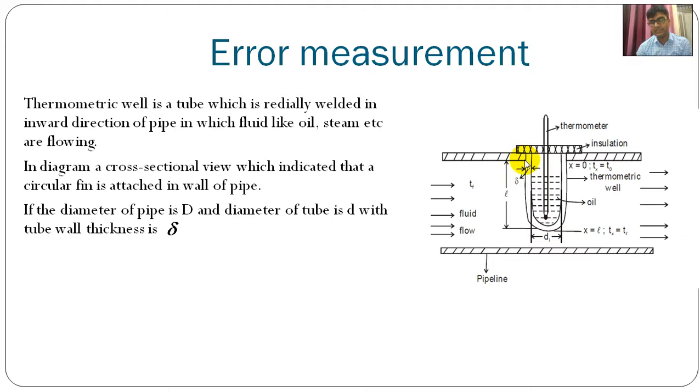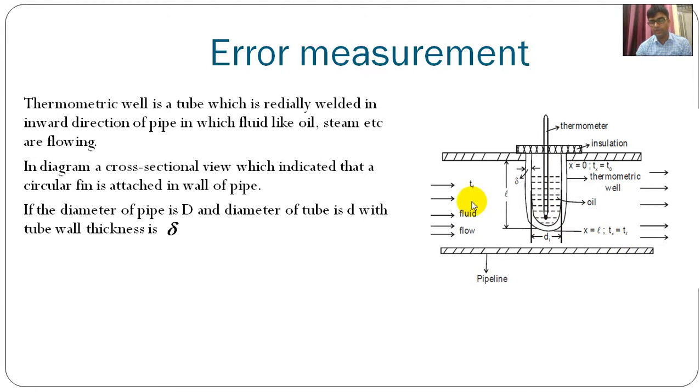This is a maximum temperature, which is T naught, and when we are moving further from x is equal to 0 to x is equal to L, where L is the length of this thermometric well, definitely TL is very much less as compared to T naught. And this thermometer is inserted at this position, so it measures the temperature TL.